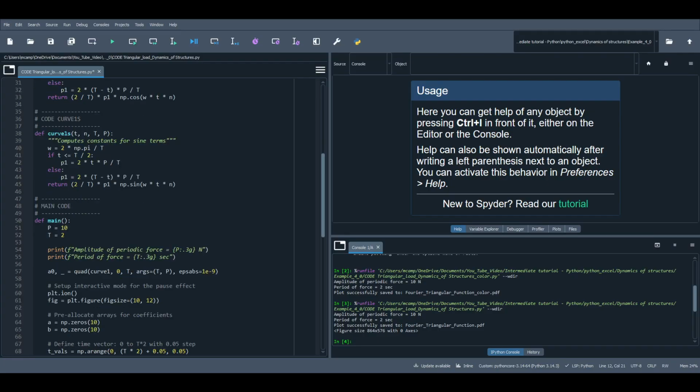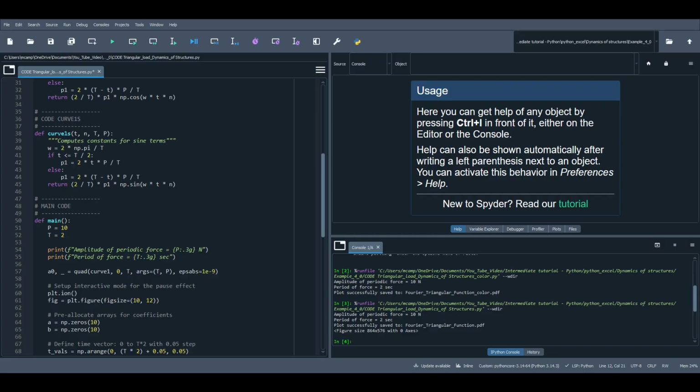After there is the main code, define a main function. A equal 10, set the peak amplitude of the triangular wave to 10.